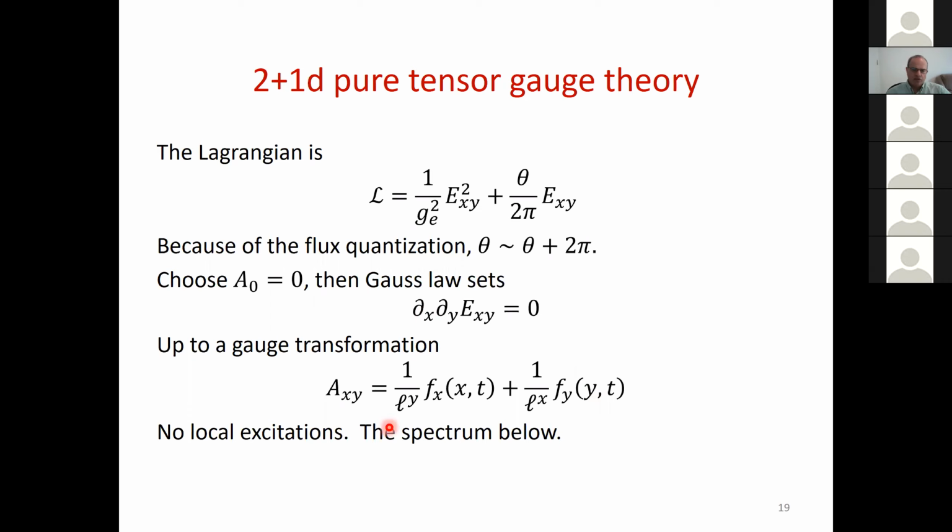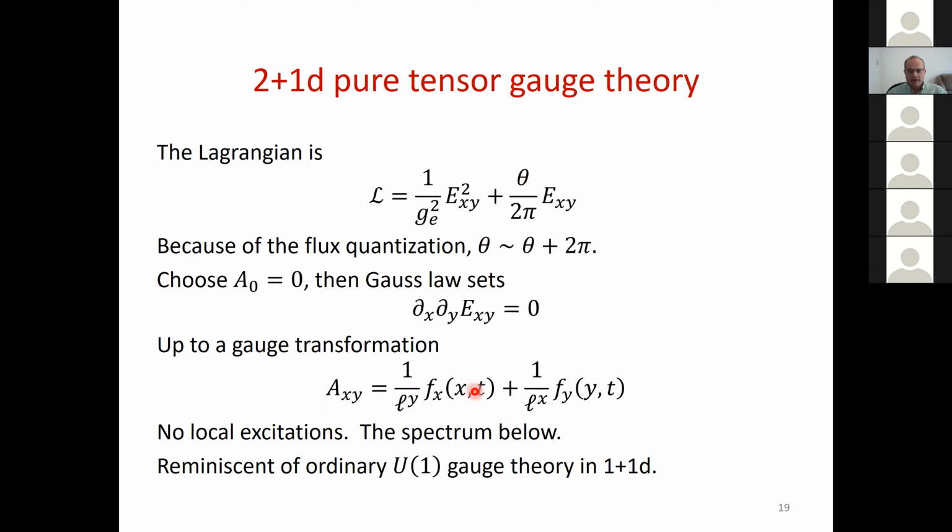So there are no local excitations. In fact, the whole situation is very similar to ordinary electrodynamics, U1 gauge theory, in 1 + 1 dimensions. Notice that our phi system was similar to a compact boson in 1 + 1 dimension. Now we see that this gauge theory is similar to U1 gauge theory in 1 dimension less. It is similar in the sense that there is electric field squared, there is no magnetic field, there is E with quantized flux, and there is a theta parameter.